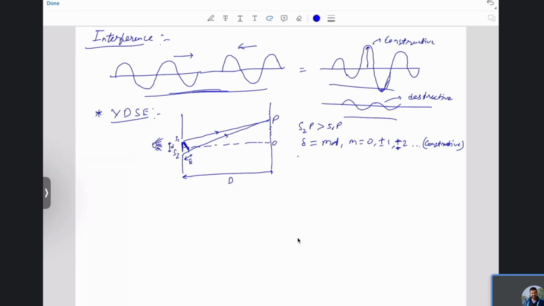And for destructive interference the condition is delta equals (m plus half) lambda, where m is again an integer.